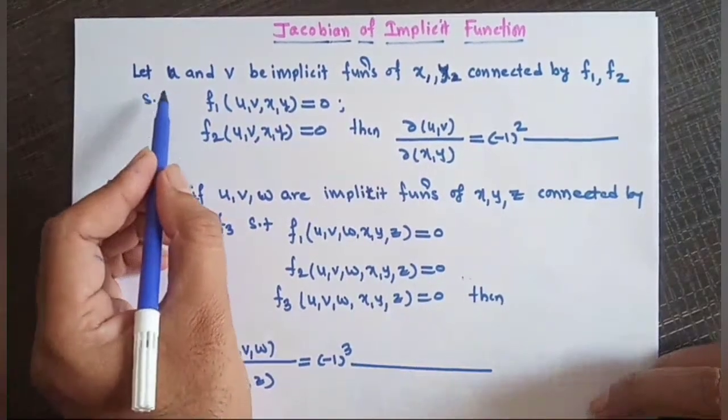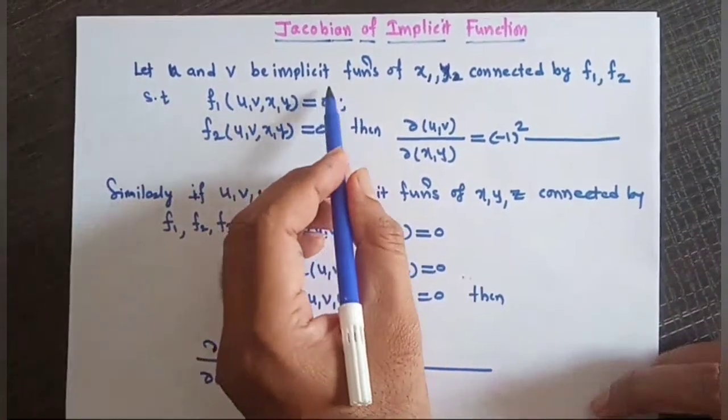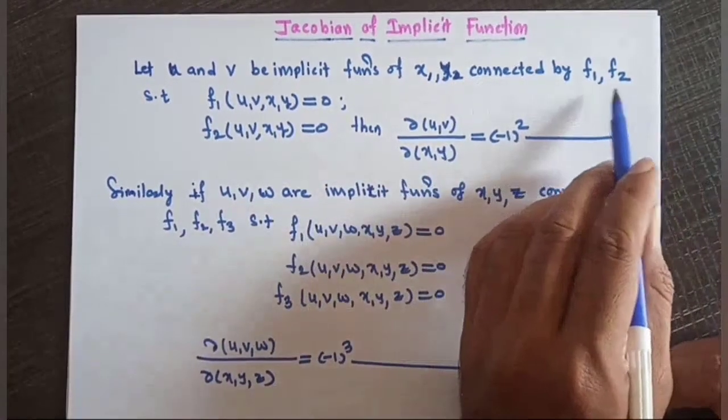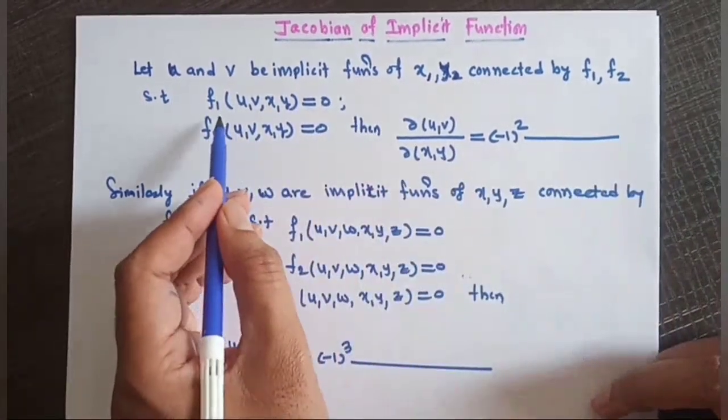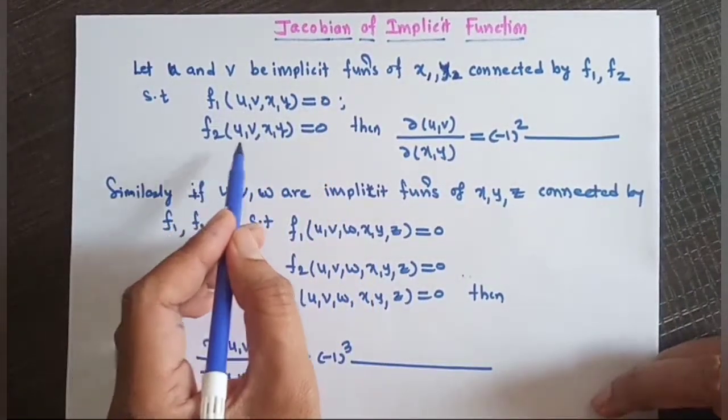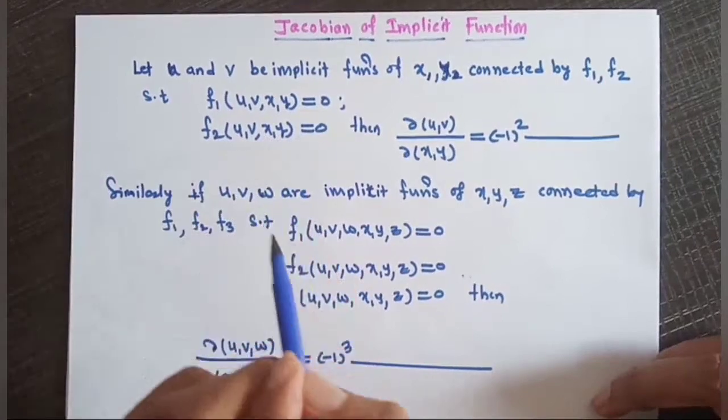Let u and v be implicit functions of two variables x and y connected by f1 and f2, that is f1 is a function of u, v, x, y equal to 0, f2 is a function of u, v, x, y equal to 0.